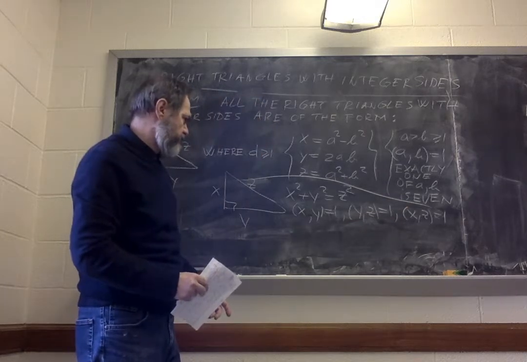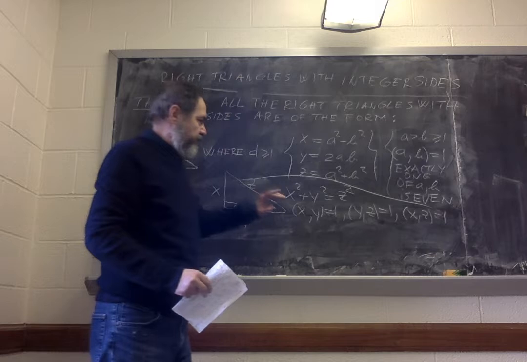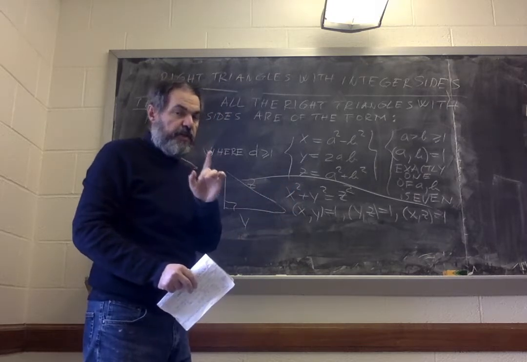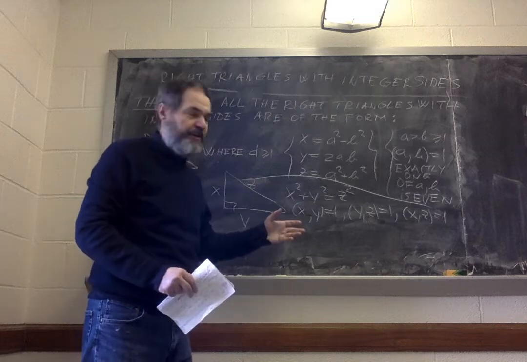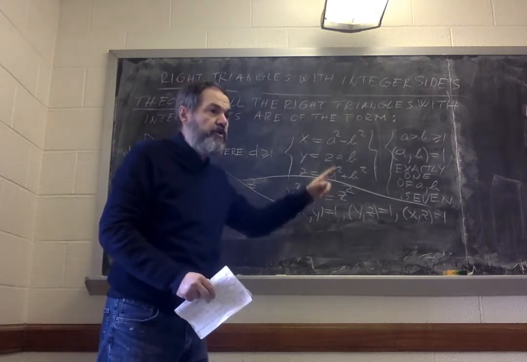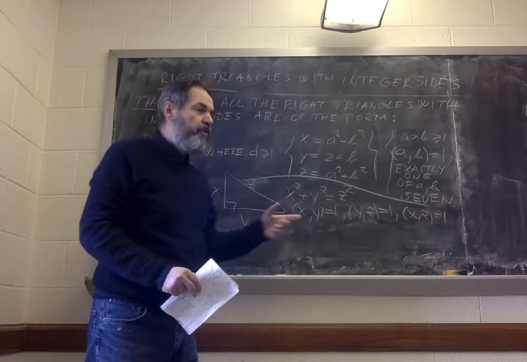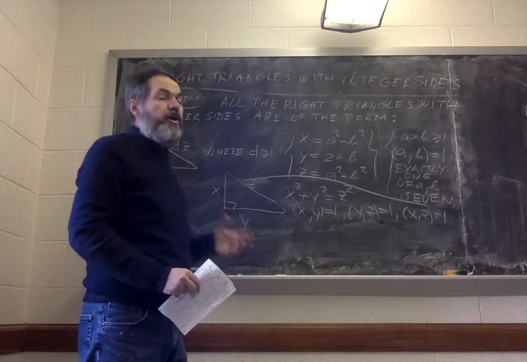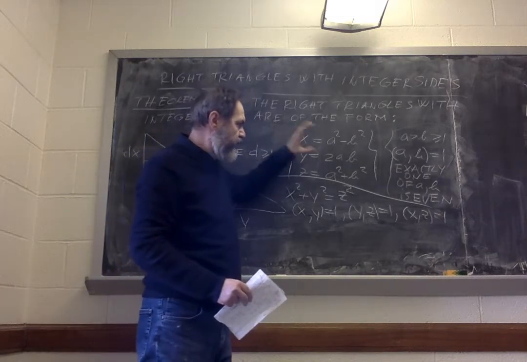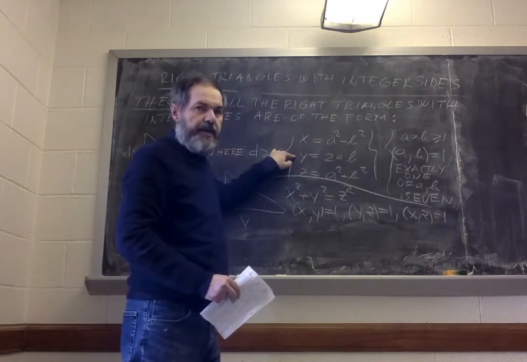So we cannot have two of them even. At most, one is even. But can I have none of them even, all of them odd? No, because odd plus odd is even. So the conclusion is that one of them has to be even. We're going to denote that one by y.